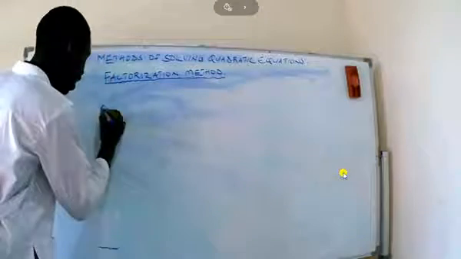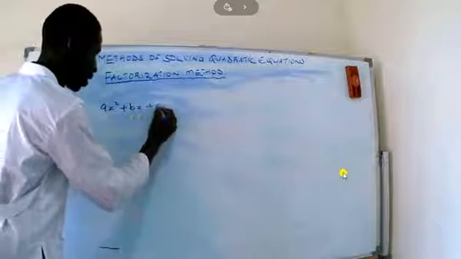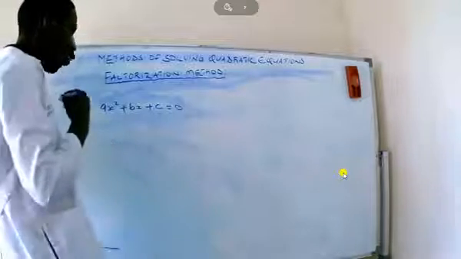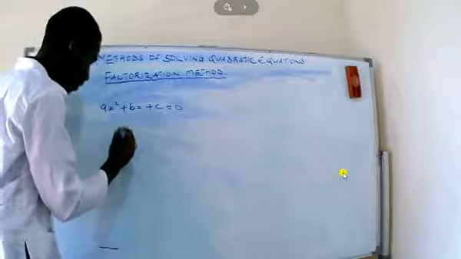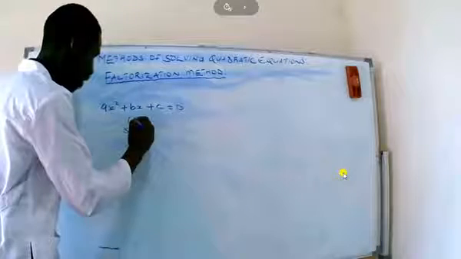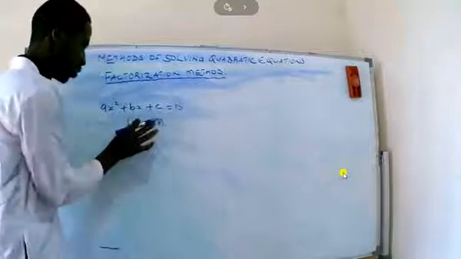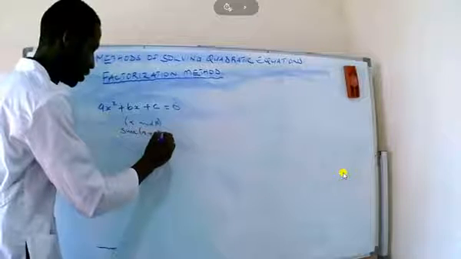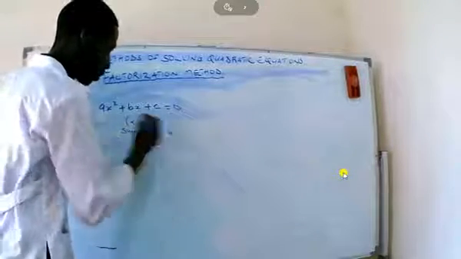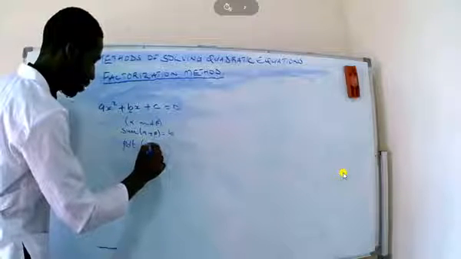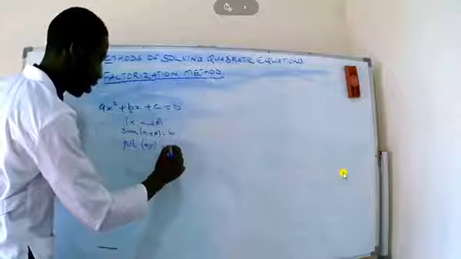If we have the equation ax squared plus bx plus c equals 0, which is our quadratic equation, then if we are to use the factorization method, the following steps are taken. 1, we look for two numbers, let's say alpha and beta, whose sum, alpha plus beta, is equal to b, and whose product, alpha times beta, is equal to ac.